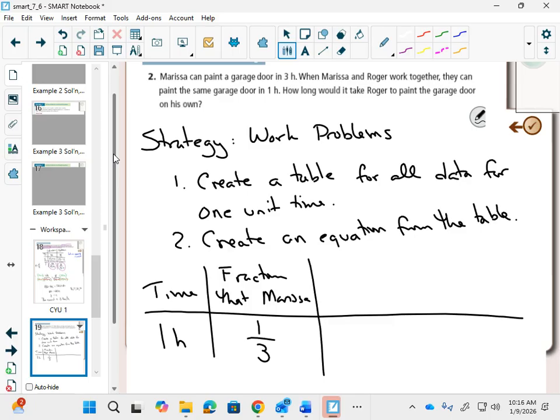Then, there's the fraction for Roger. But we don't know. So whatever time it takes Roger to do it all in, the fraction for Roger would be 1 over t. And t is the time it takes Roger to do it alone.